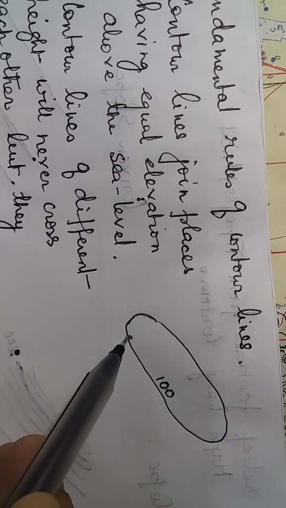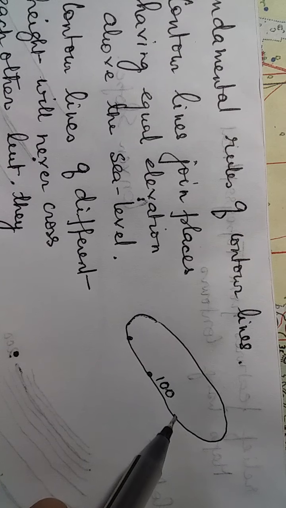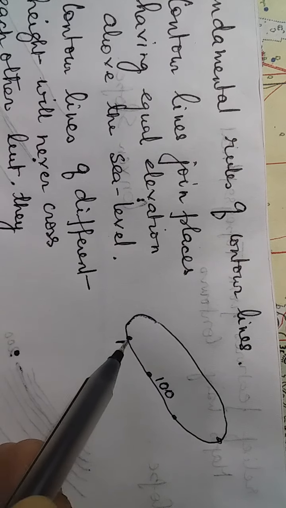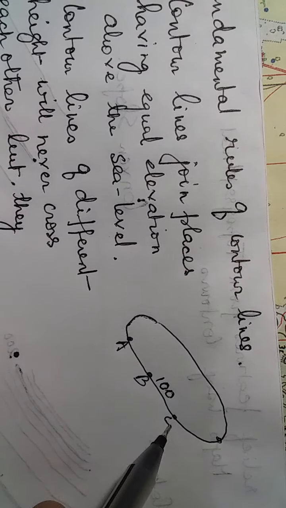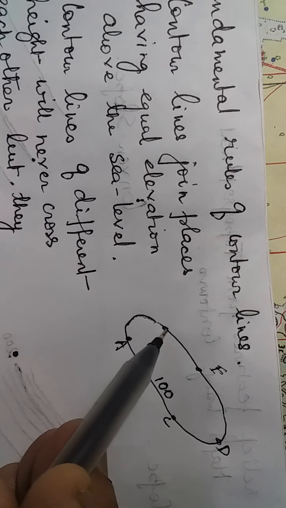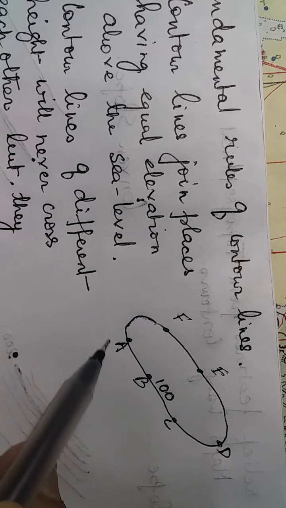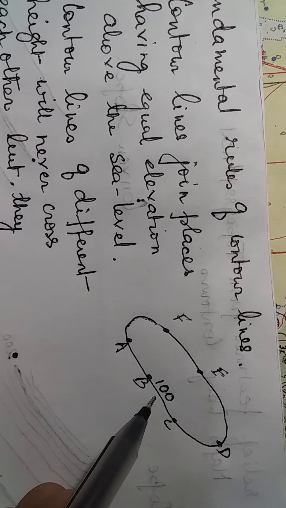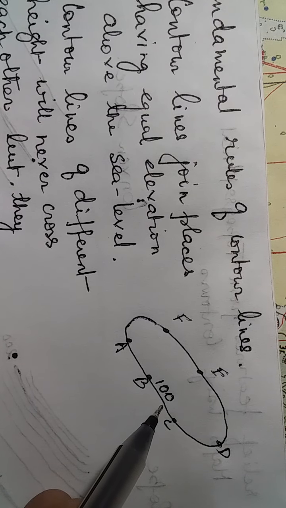So all the places, like A, B, C, D, E, F and so on, their elevation will be 100 meters above the sea level.